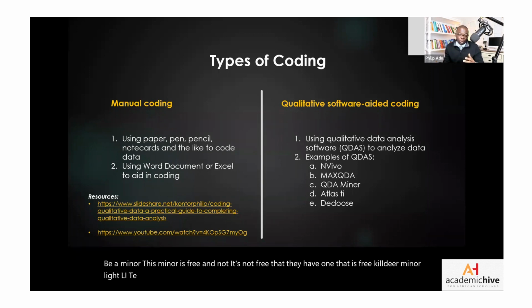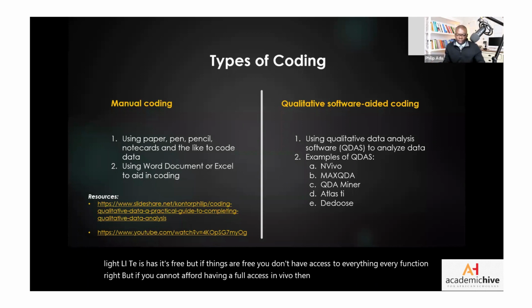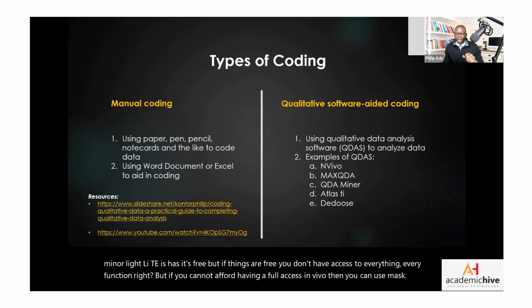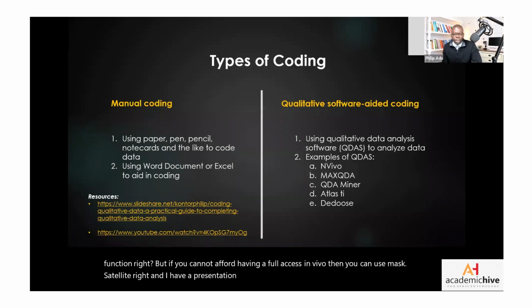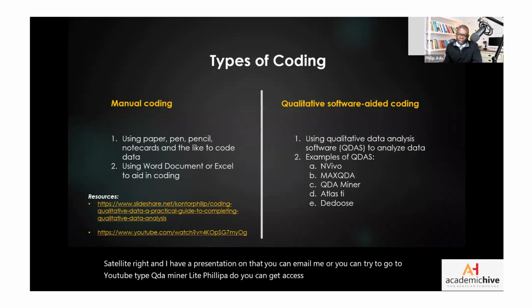It's free, but if things are free, you don't have access to every function, right? But if you cannot afford full access to NVivo, then you can use QDA Miner Lite, right? And I have a presentation on that. You can email me, or when you go to YouTube, type QDA Miner Lite Philip Edu, you can get access to my presentation on that.